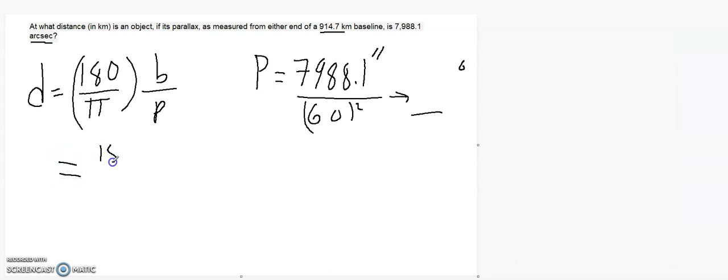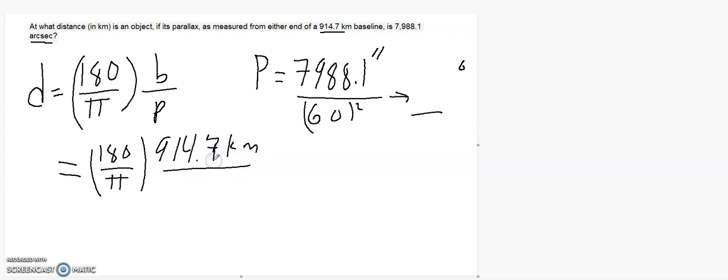It's 180 divided by pi, and then times our baseline, which is 914.7. Of course, that's kilometers, and so the distance will come out in kilometers. I've already forgotten what it was, so let me pause this and write it on here. All right, so there it is, rounded 3 places past the decimal.